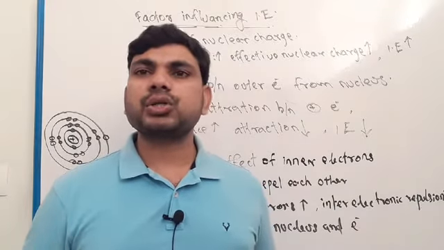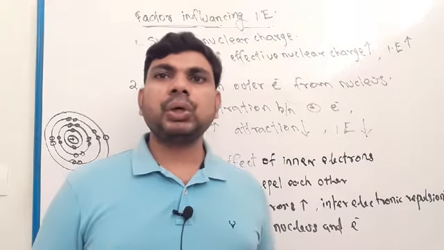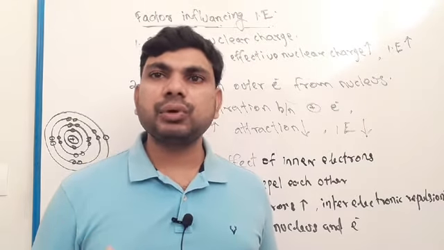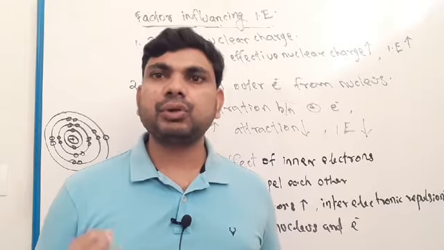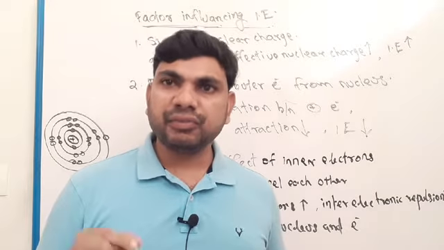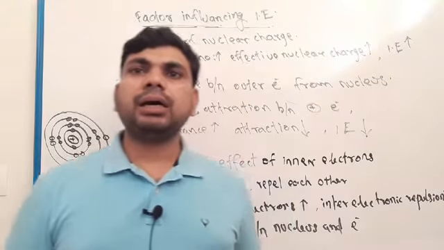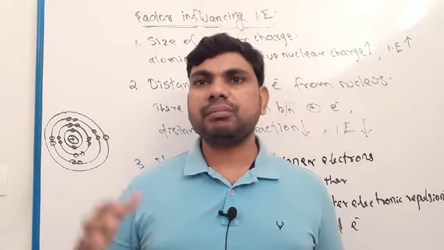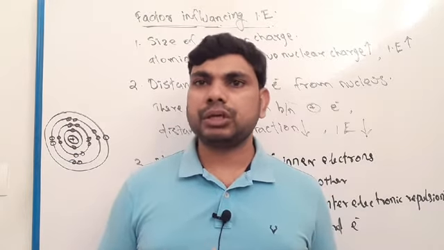So the number of protons increases, meaning the positive charge of the nucleus increases and the effective nuclear charge increases. Effective nuclear charge means the positive power of the nucleus increases from left to right in a periodic table.